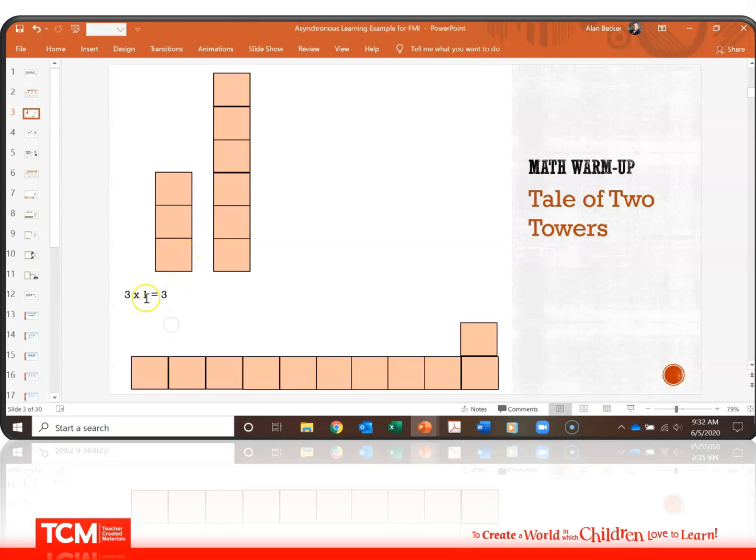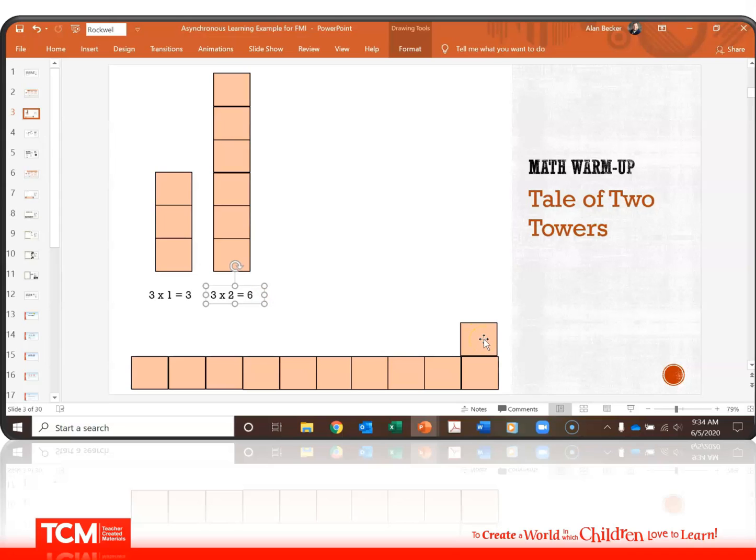That is going to give me a total of 3. And so if I'm writing an equation for my second tower, so if my second tower is 2 times taller as my first tower, and my first tower is 3 cubes tall, then I write this equation as 3 times 2, that equals 6.